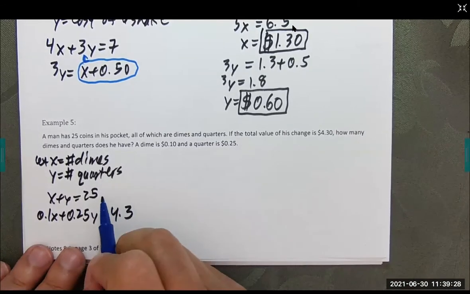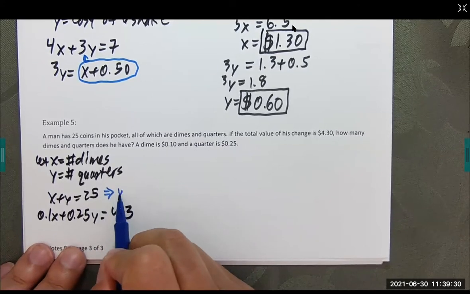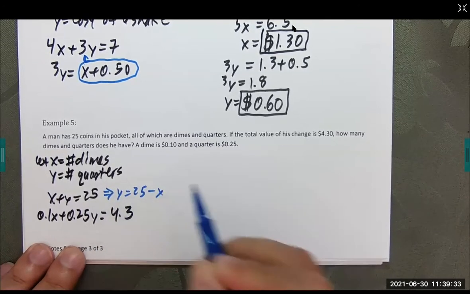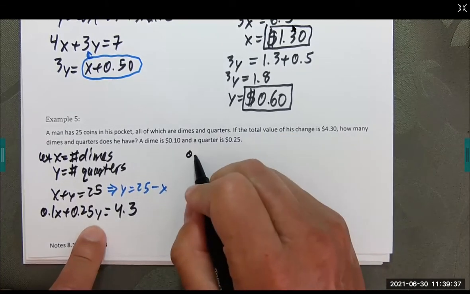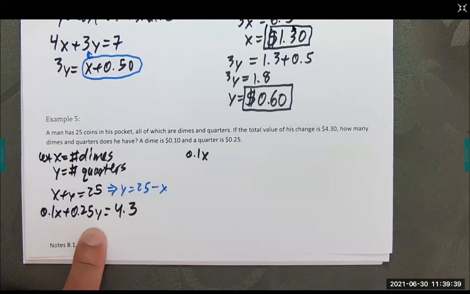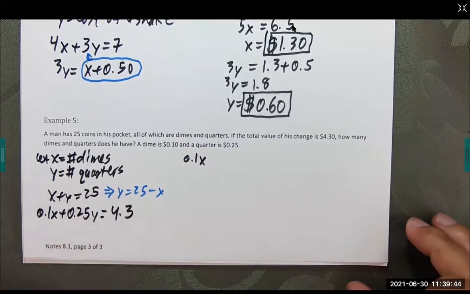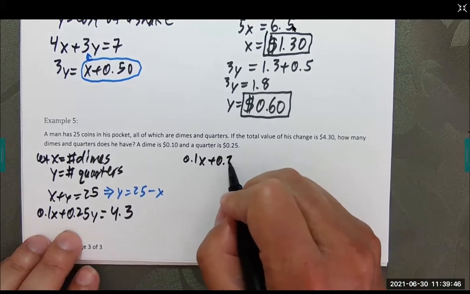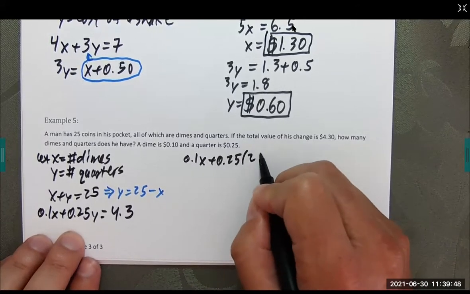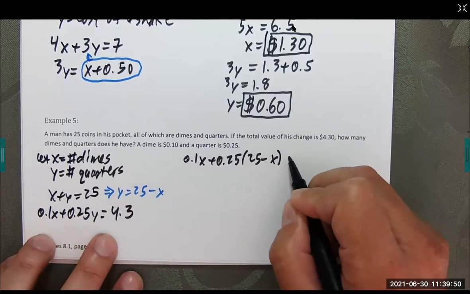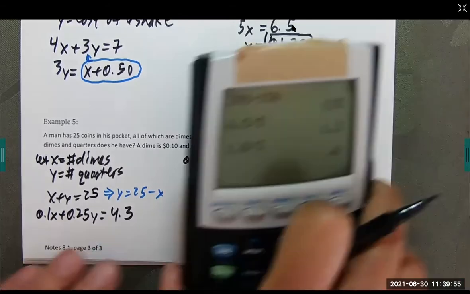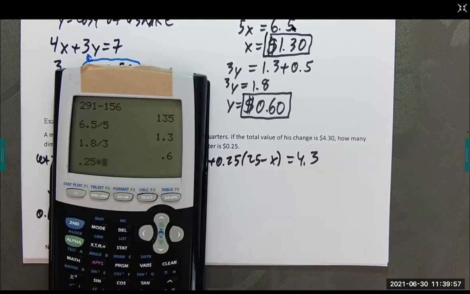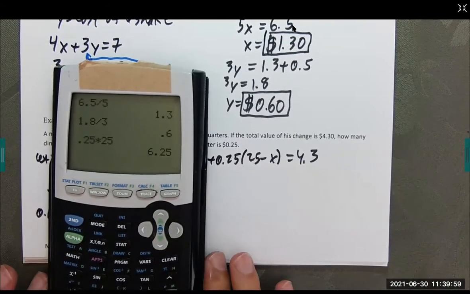Once again, I'm going to do the substitution method and rewrite this. y equals 25 minus x. And plug it into there. If you want to multiply through by 100 to get rid of the decimals, you could, but because we have calculators, there's no need to do that. All right, 0.25 times 25, 6.25.